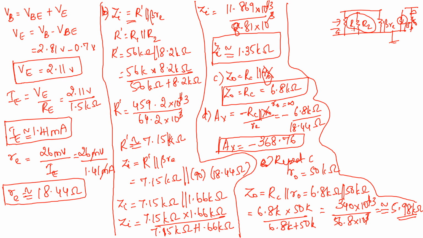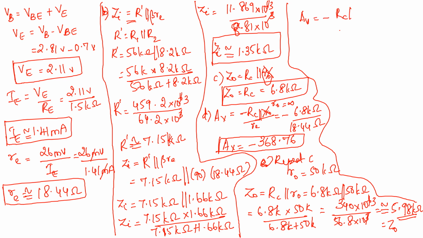Okay, Z0, that is with the effect of R0. Now the last value to be calculated is your D part repeated again, that is AV, along with R0. So you will be getting minus RC parallel to R0 divided by RE, right?